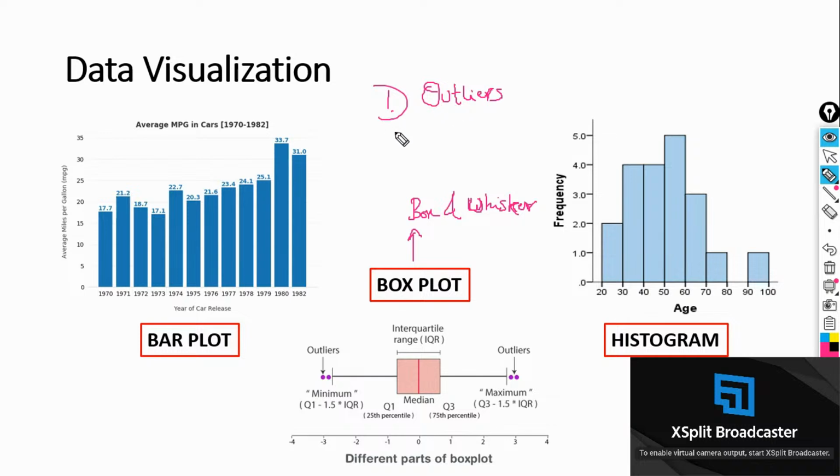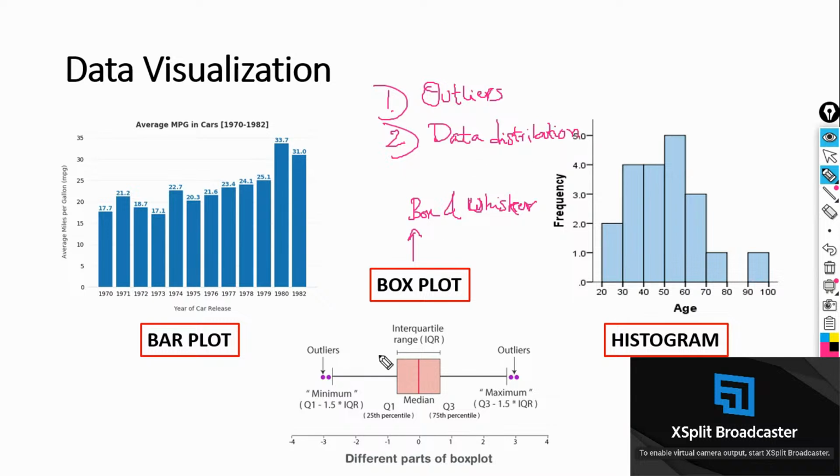Then what is the secondary objective of visualizing a box plot? It also talks about data distribution.